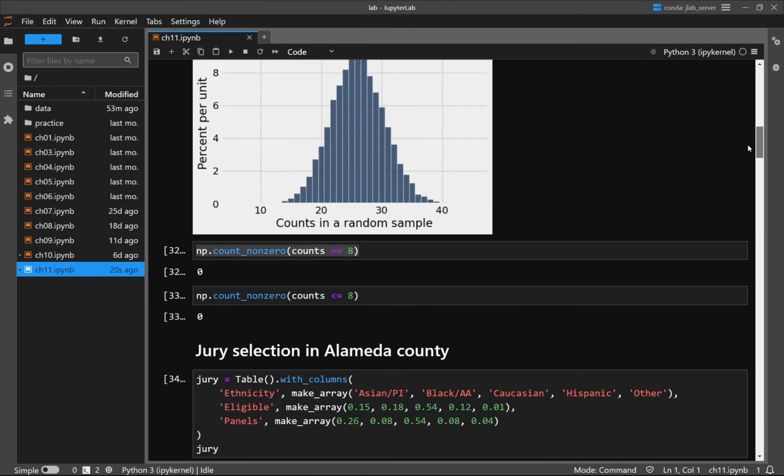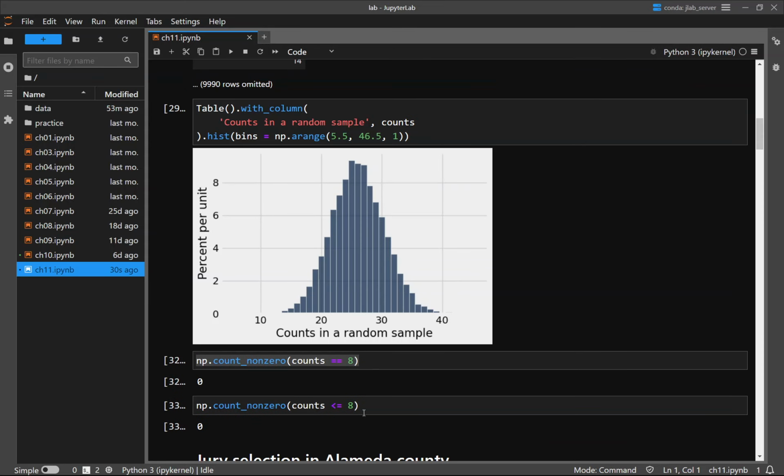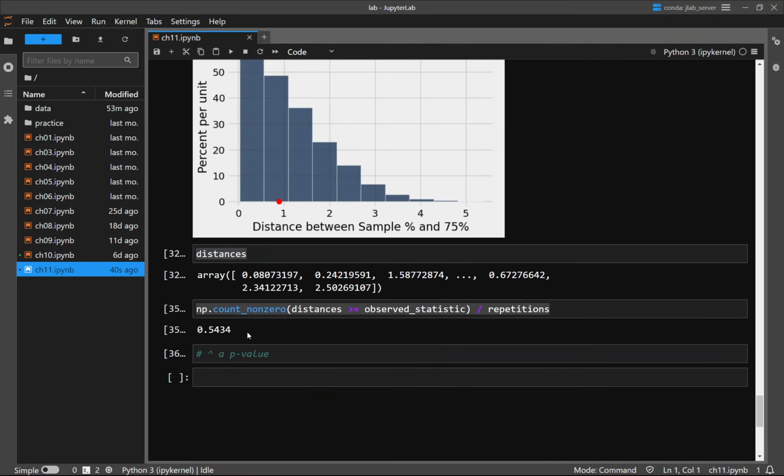I was secretly calculating p-values for these other ones. So for Robert Swain, look at this. How often was it 8 or less? 0% chance. Does that make sense? That was a very small number. That means that our model wasn't predicting that thing very well. That was in favor of the alternative. But for us, this was a large p-value.